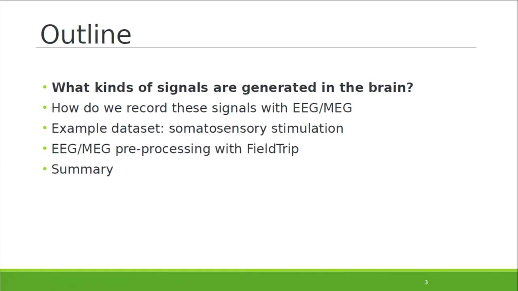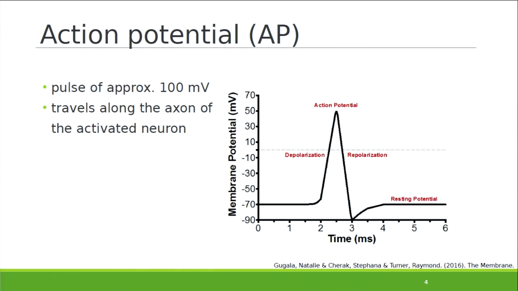So now we will have a look at what kinds of signals are generated in the brain. If a neuron is active, it fires an action potential, which is mainly a pulse of approximately 100 millivolts that travels along the axon of this activated neuron. This action potential comprises a depolarization phase and a slightly longer repolarization phase.